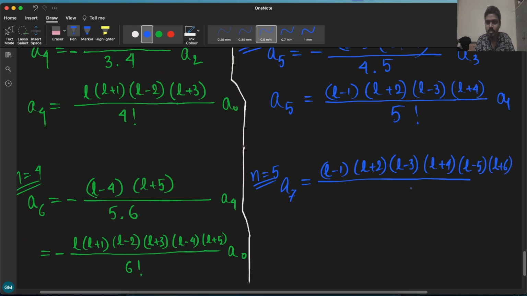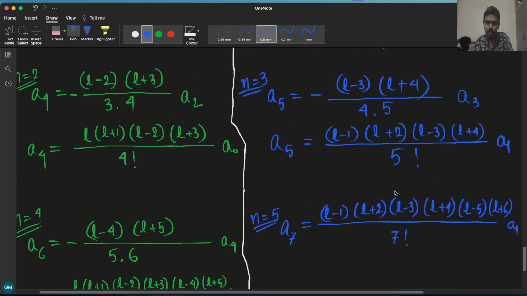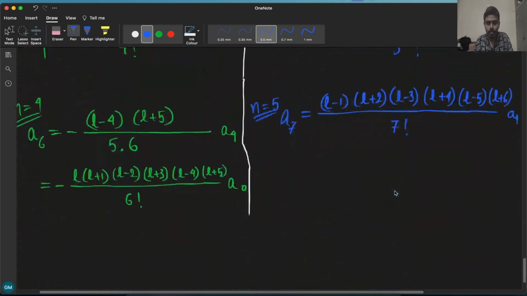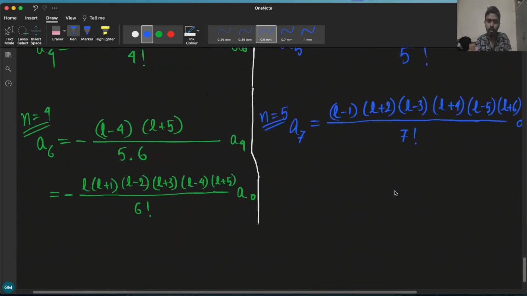It will go up to l plus 6, because for a5 it went up to l plus 4. And there it will be 7 factorial times a1. Okay, you should check it. I'm just writing it by following the pattern.